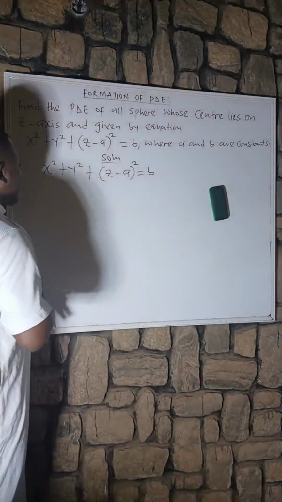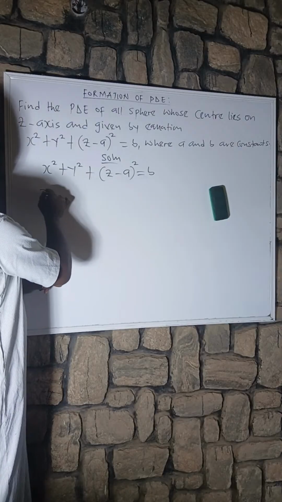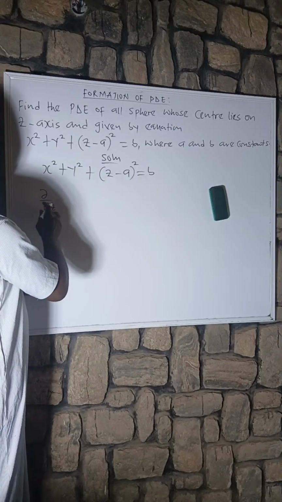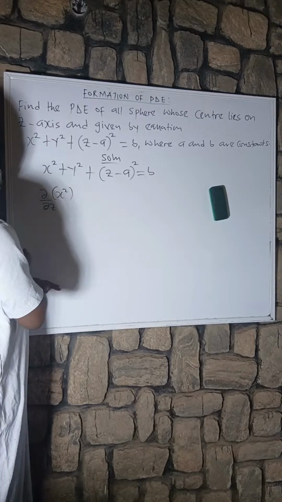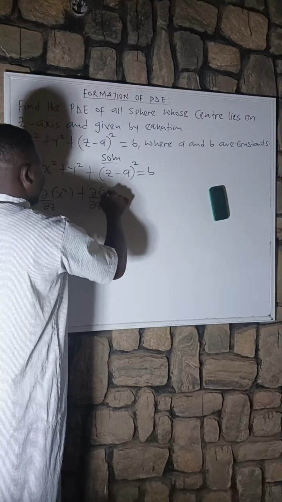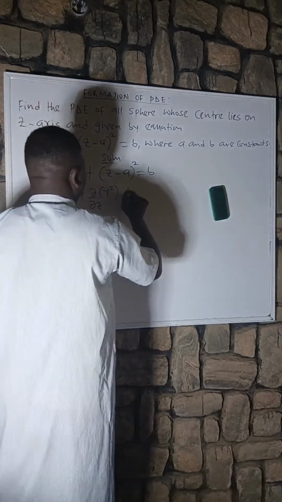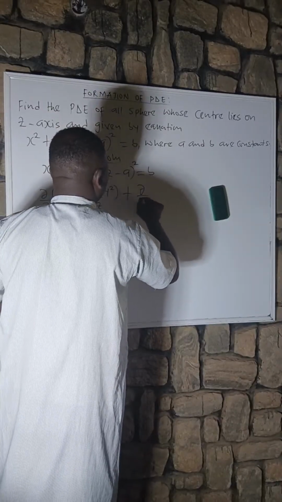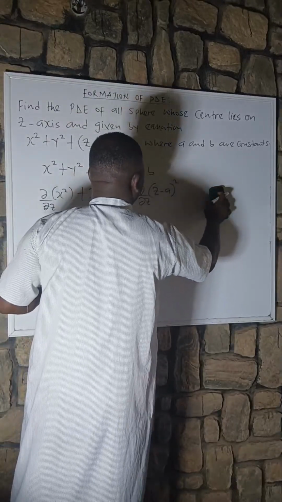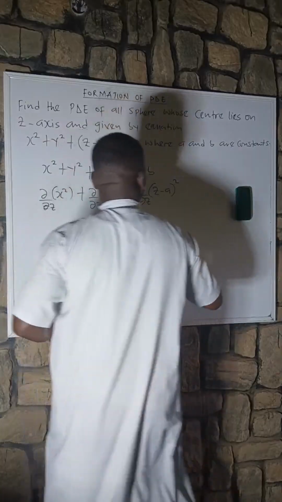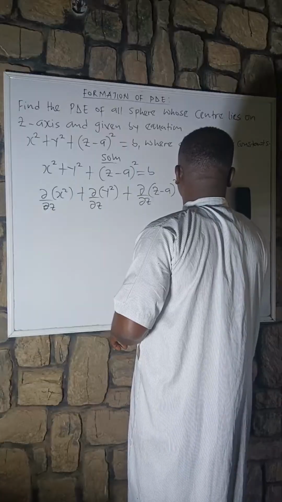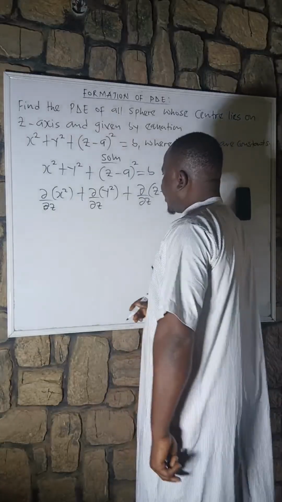So let's differentiate this. So this implies partial over partial z, all in brackets x squared, plus partial over partial z, all in brackets y squared, plus partial over partial z, open bracket (z minus a) all squared, equals partial z times b.